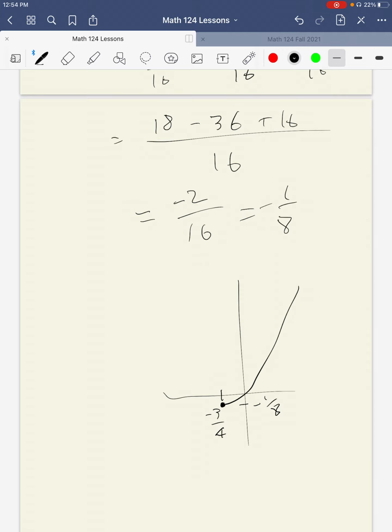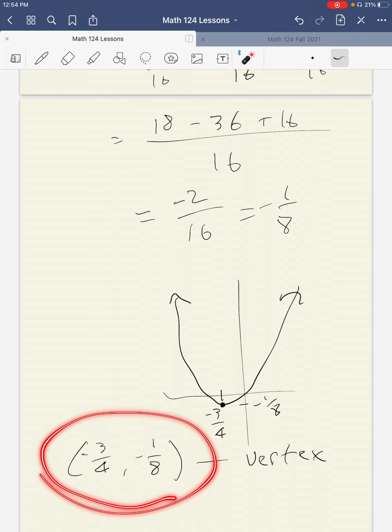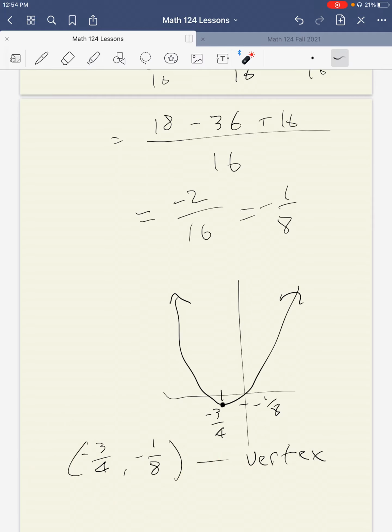And the graph would look roughly like this. Okay. Now this point is the minimum, or another word we can use is the vertex. So the point negative 3/4, negative 1/8 is what is called the vertex. Okay, so this is the minimum value, this is the location of the minimum value. The entire point is what we call the vertex.